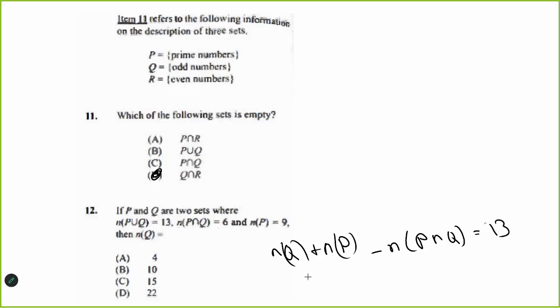So that is some number plus 9 minus the intersection, 6, is equal to 13. That is some number plus 3 is equal to 13. That's 10. That is the end of May, June 2018.